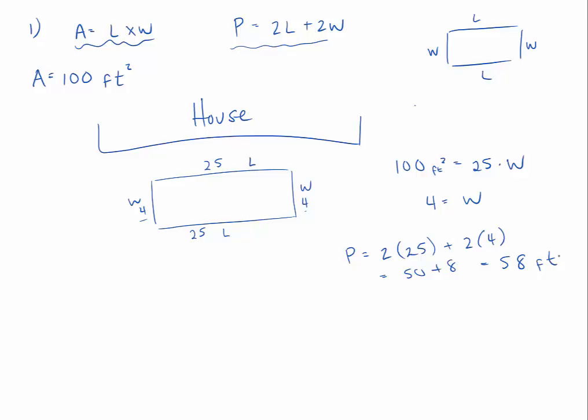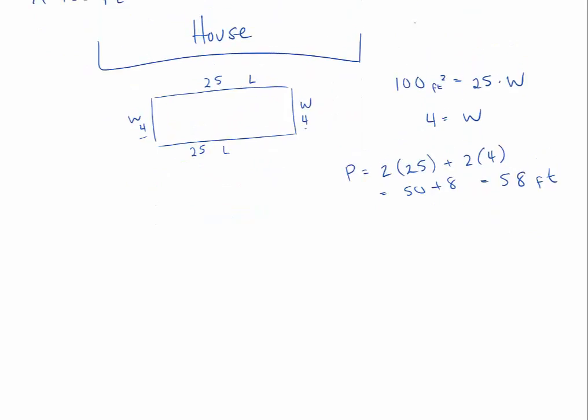It's just 58 feet. So if he goes to Home Depot or whatever, or Lowe's, he needs to buy 58 feet of fencing to complete this job. And that's it. That's number 1, 58 feet, and that's B. That's the answer.